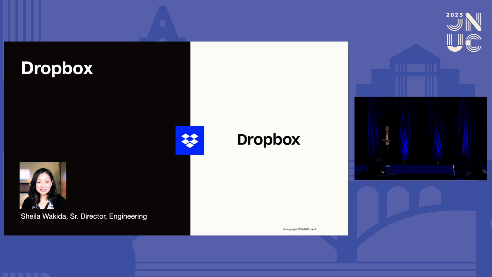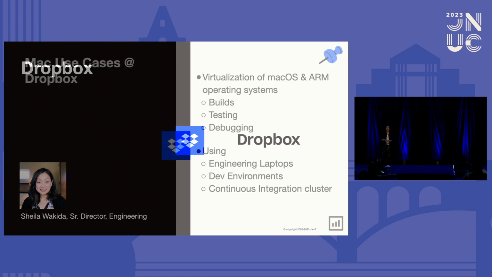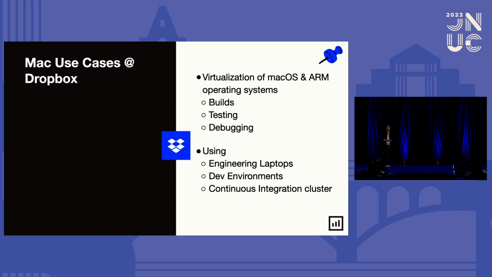All right. Moving right along here. What are our use cases for Mac at Dropbox? At Dropbox, we rely really heavily on the Mac platform for various critical tasks, as you can see, for builds, testing, and debugging our Mac applications.